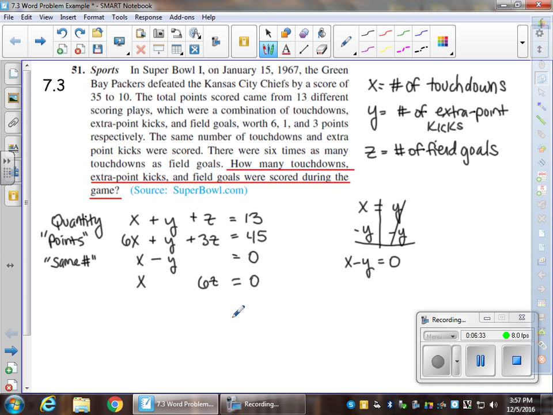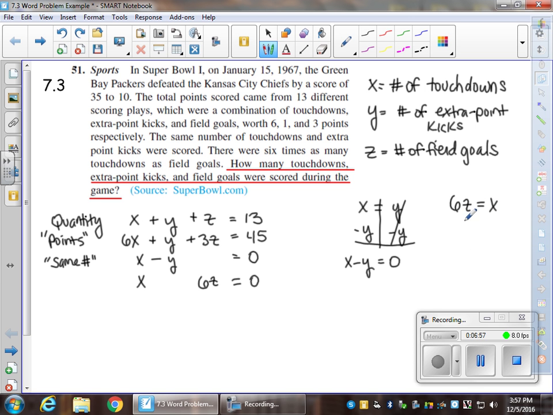Okay, quick pause. What's missing? Is this a plus or a minus? Well, this is another equal situation. So there were 6 times as many touchdowns as field goals. So let's let those be equal to each other.